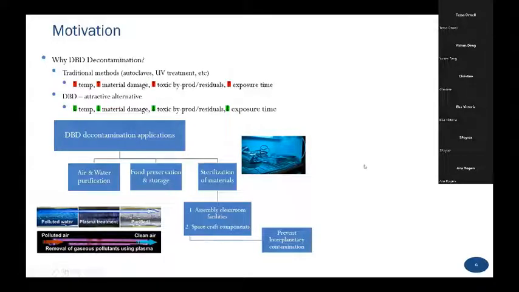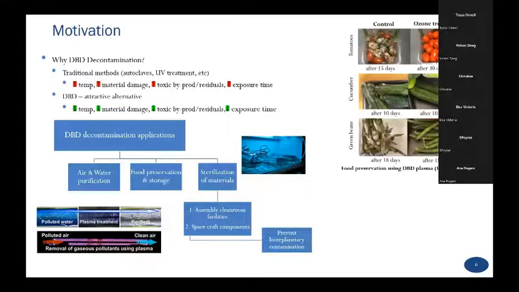Due to these advantages, DBD decontamination has found applications in various industries like air and water purification, and food preservation and storage. Here is an example of how it can be used to extend the shelf life of various produce. This is a project we conducted under NSF at Surfplasma.